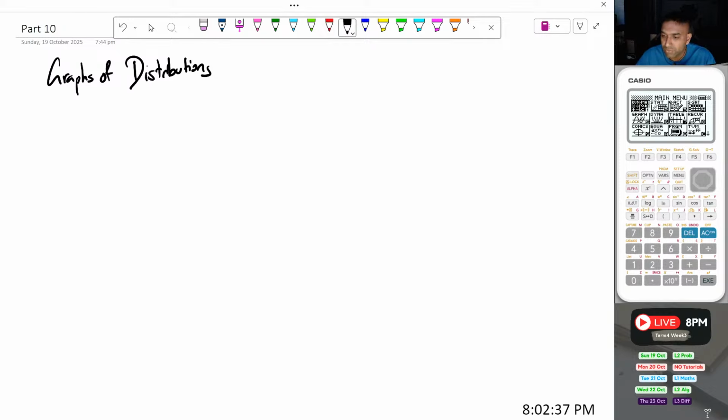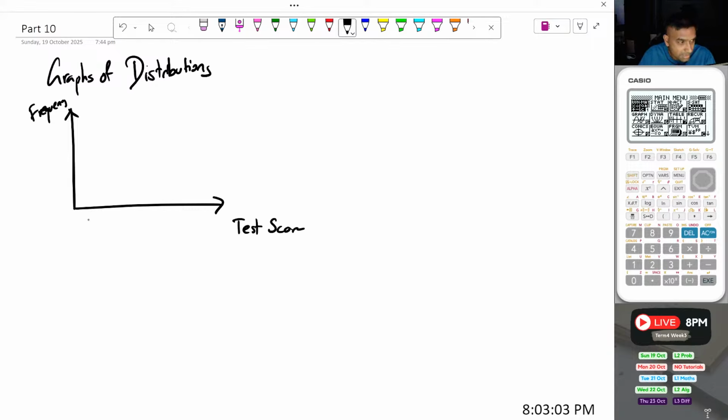Today I just want to focus on the level 2s. Normally with graphs of distributions, you end up with a frequency graph. Let's go with test score, for example.